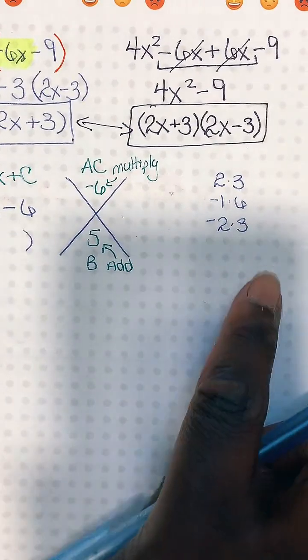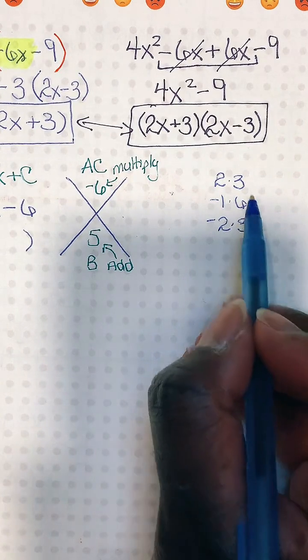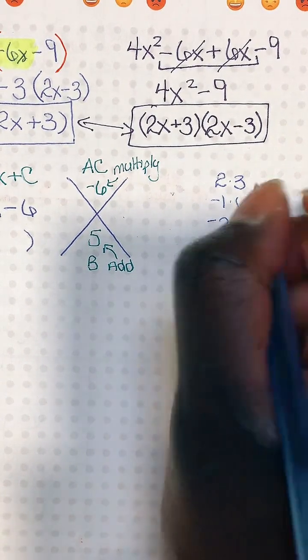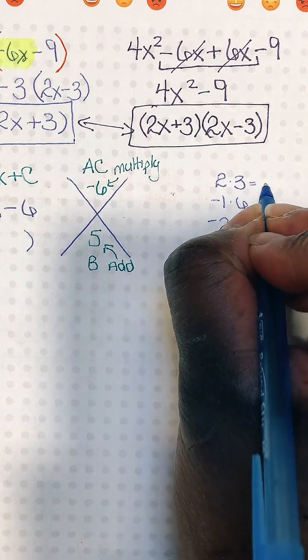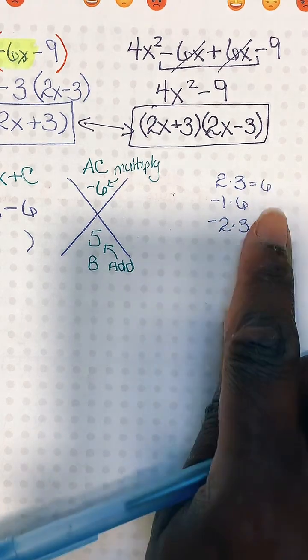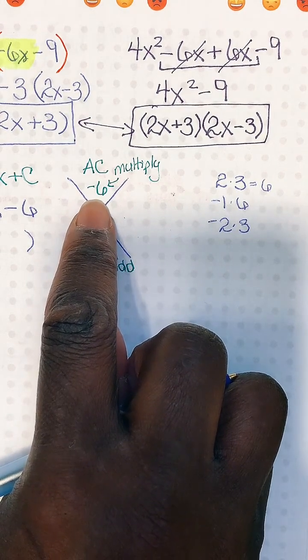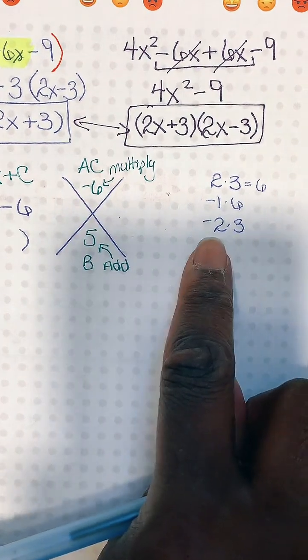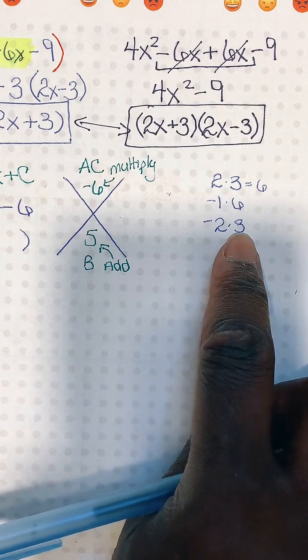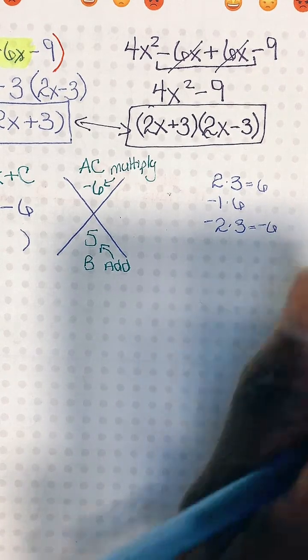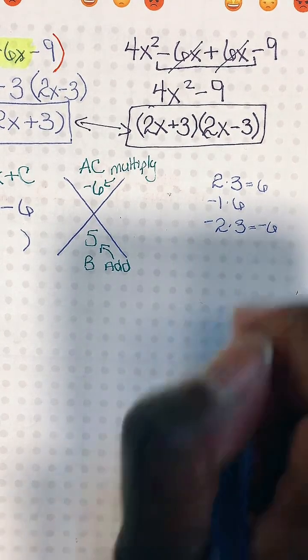So, of these, this +2 times +3, if I multiply, that's going to give me a +6. I'm looking for a -6. So you're probably saying, okay, well, let me make the 2 negative. So this multiplied does give me a -6. Okay, so we're working that.